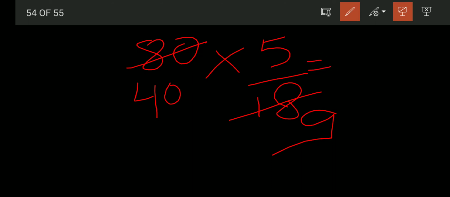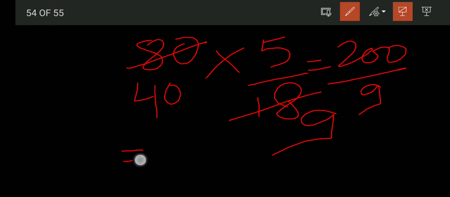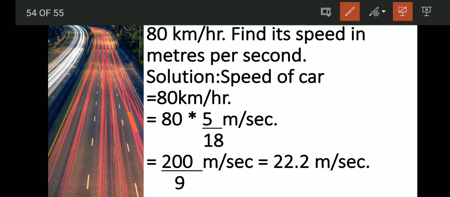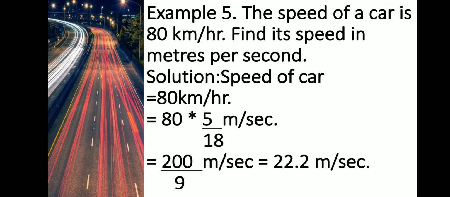So this becomes 200 divided by 9 and that equals 22.2 meter per second. So 80 kilometer per hour is converted into meter per second, which equals 22.2 meter per second. So this is all about the introduction of speed, distance and time.